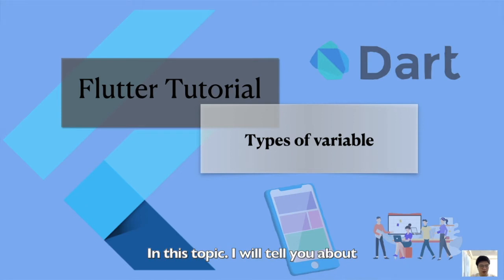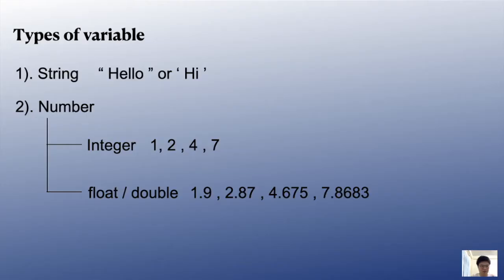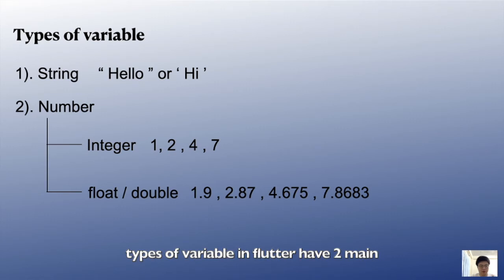In this topic, I will tell you about types of variable that includes two main types. Types of variable in Flutter have two main. One, string. String is letter.